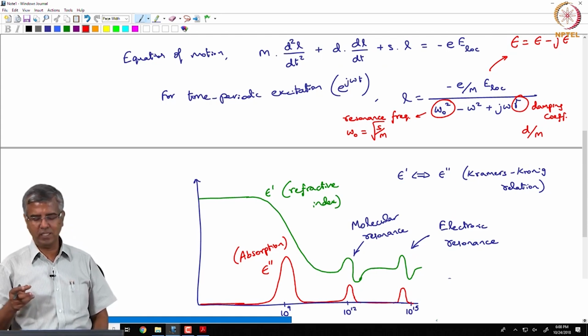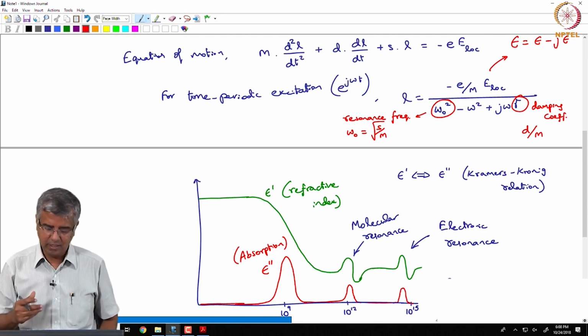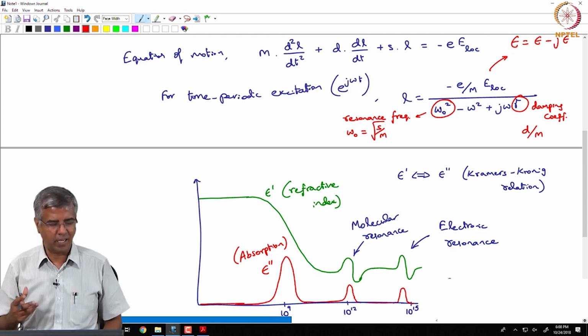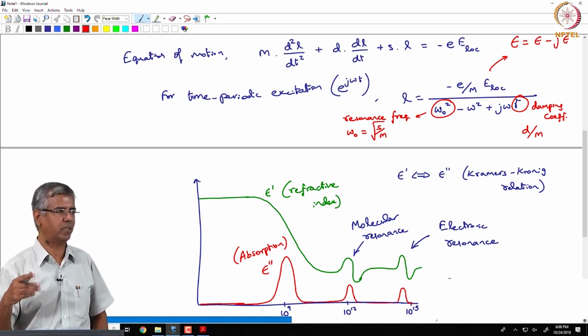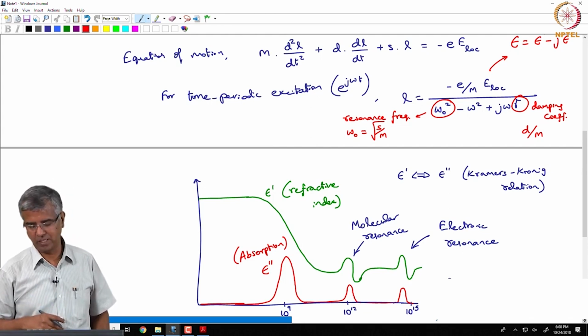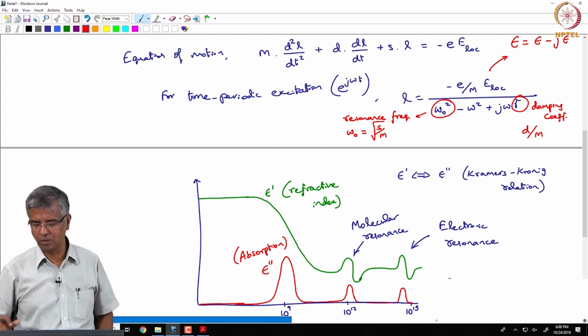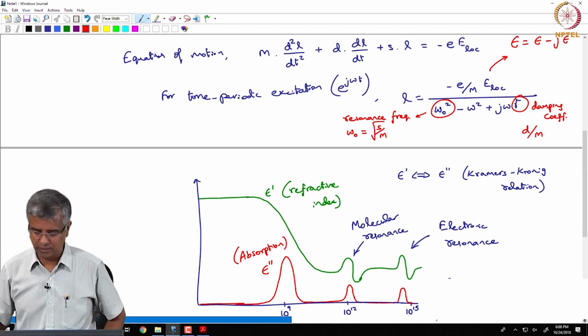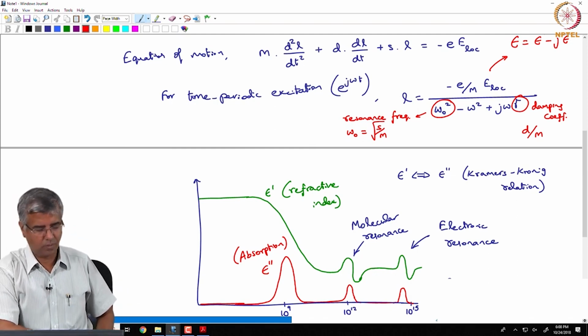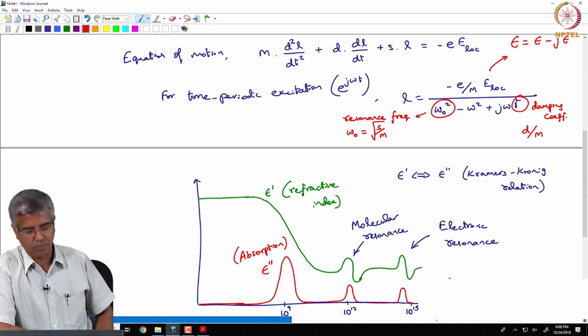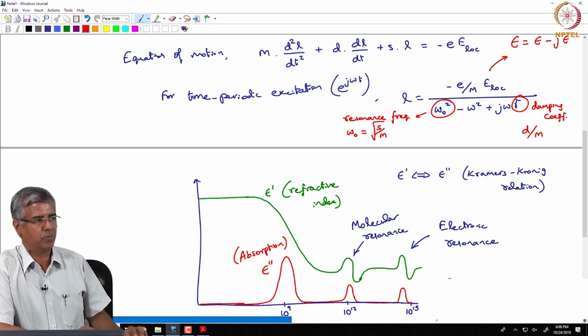From that vibrational state, it can actually give rise to light emission also, right, which is what we were talking about previously. So, you could actually have other energy sources coming out of that absorption, but epsilon double prime corresponds to absorption.